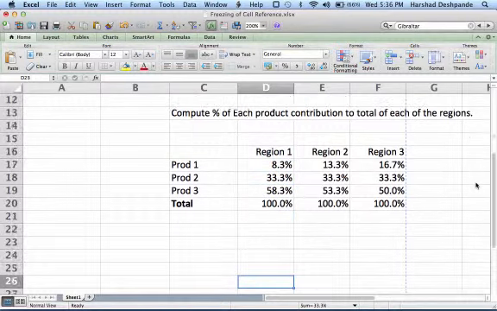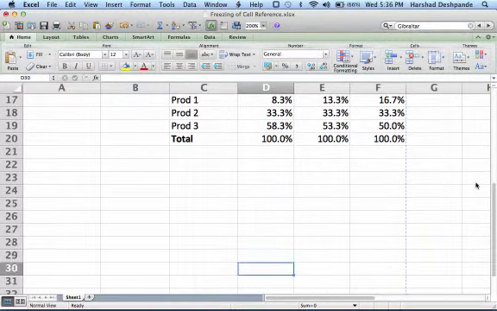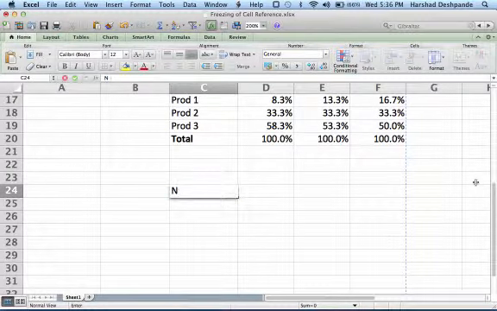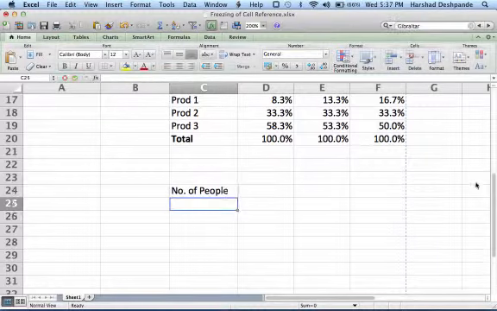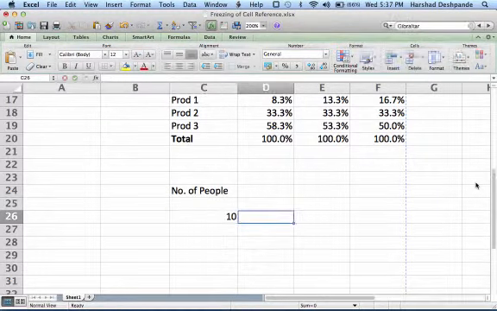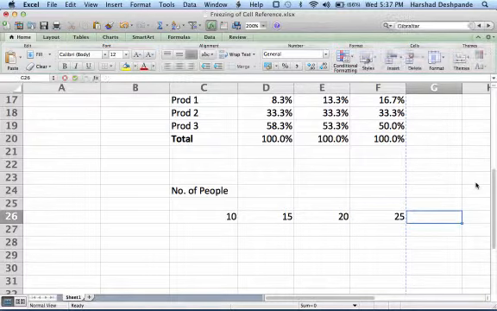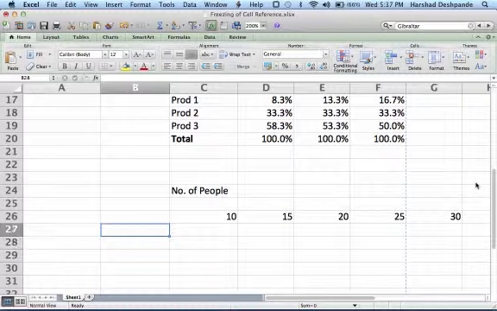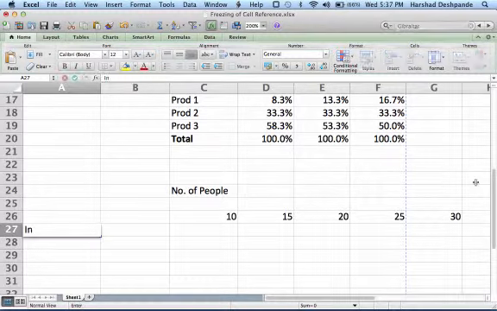Now let us take one different example. I am taking number of people on horizontal axis, and on vertical axis I am taking income per person.